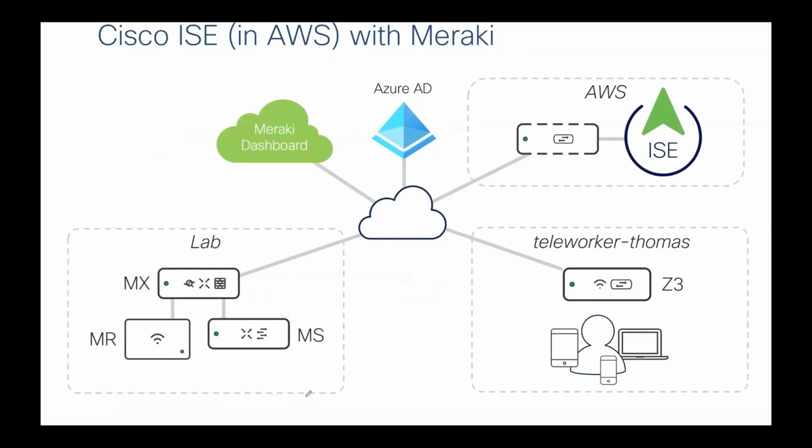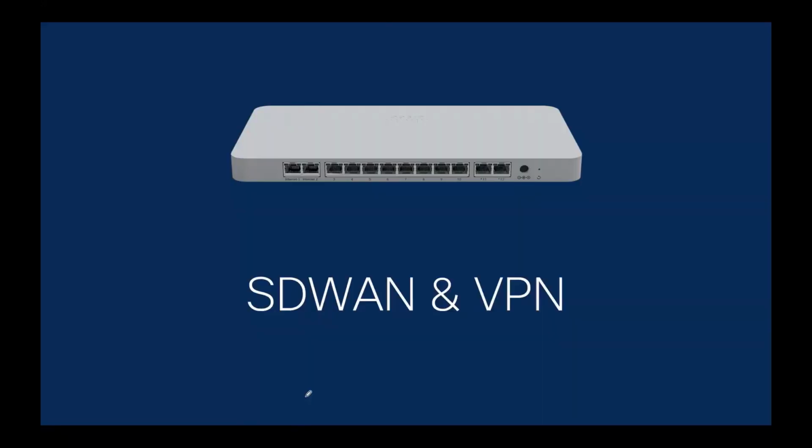So I've got the Meraki MX, which is securing the tunnel and then providing connectivity for the MR wireless, the MR46 access point and an MS390 switch. And then I also have a little teleworker box, a little Z3 that I can plug into and I can connect to wirelessly and show you guys some different demos there. So with that, let's talk about the VPN.